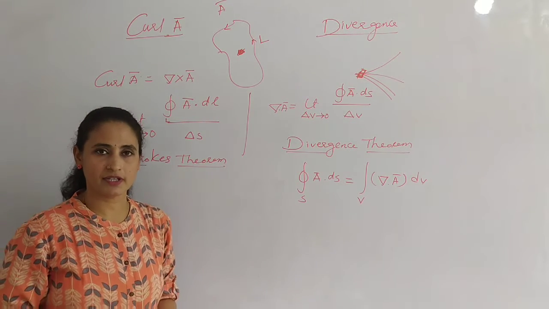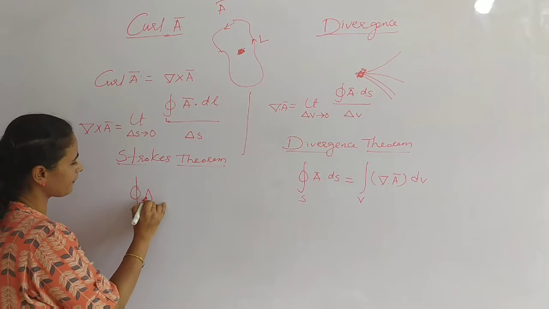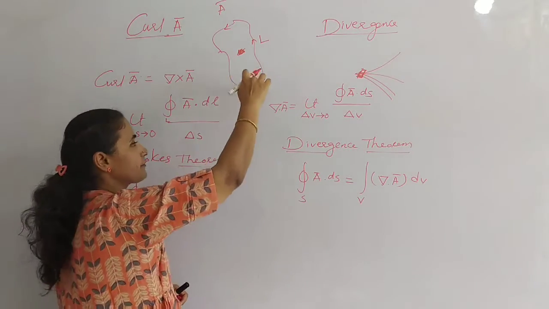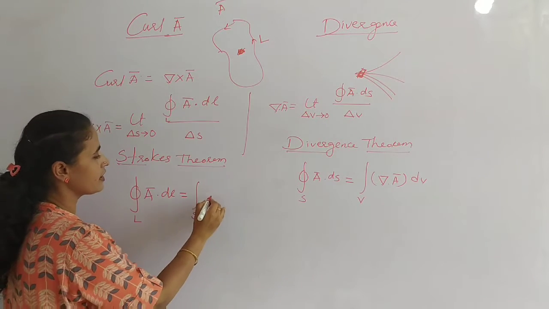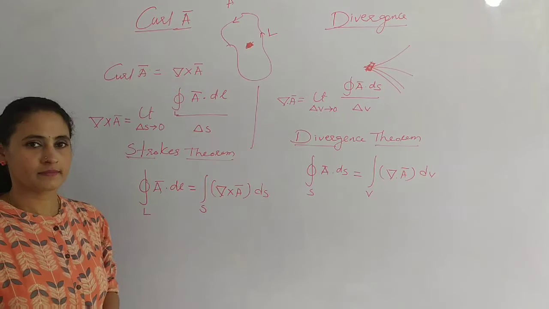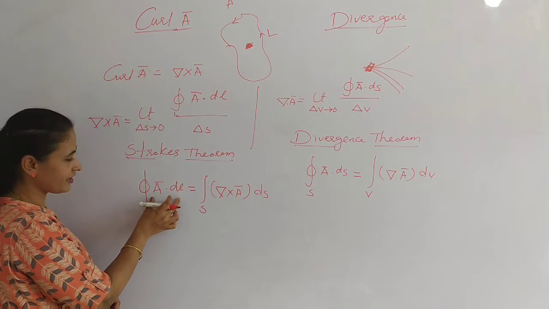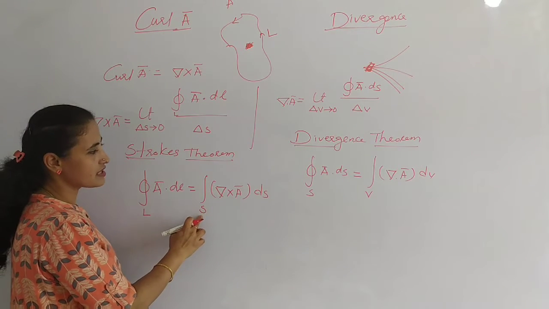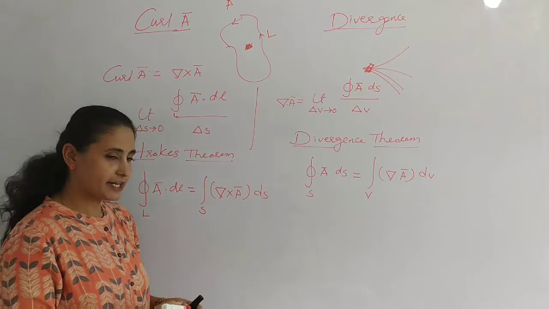Stokes theorem states that the maximum circulation of vector field A bar, which is written in the form of A bar dot dl over a closed loop, a single coordinate, is equal to the surface integral of curl of A bar dot ds. So Stokes theorem states that the circulation of a vector field over a closed path is equal to the surface integral of curl of A bar dot ds. Now let us prove the Stokes theorem.